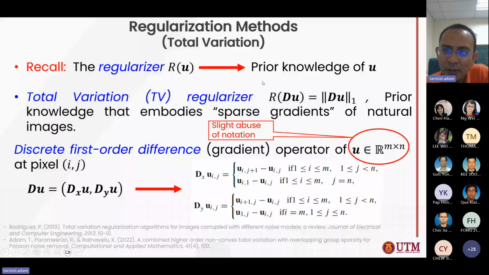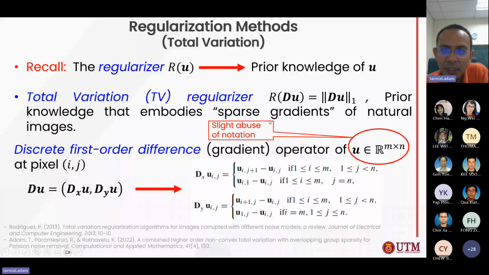So what is this prior knowledge of the image? This total variation TV regularizer embodies the prior knowledge that the gradients of an image are sparse. I will show a figure after this to show what it means for the gradient of an image to be sparse.